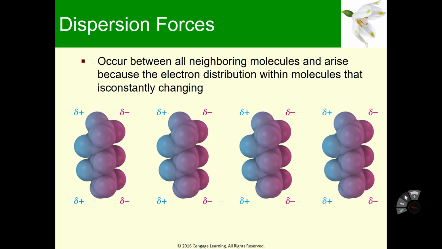If one molecule has this induced charge, then it will create induction of opposite charge on the nearby molecules, like here. This induction of a nearby charge will create interaction between molecules, okay? And we call this dispersion forces.